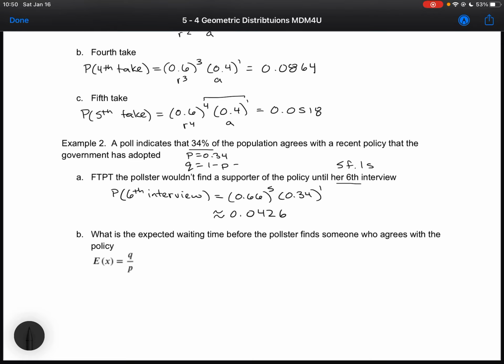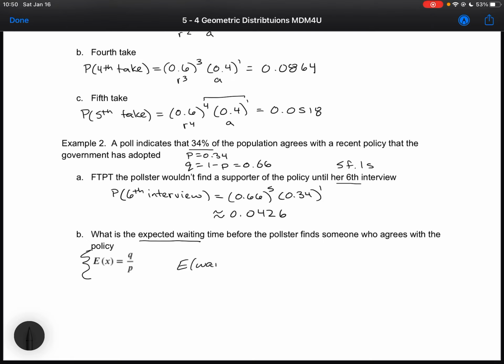So just going back to the question, I've got 34% is my probability of success. q is 1 minus p, or 0.66. In this question, we're also asked to calculate the expected waiting time before the pollster finds someone who agrees with the policy. For a geometric distribution, this is our equation to find the expected value.